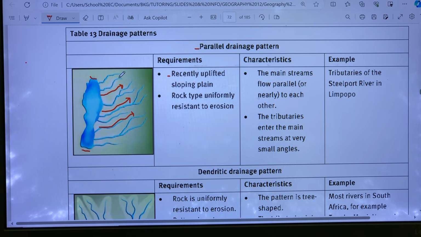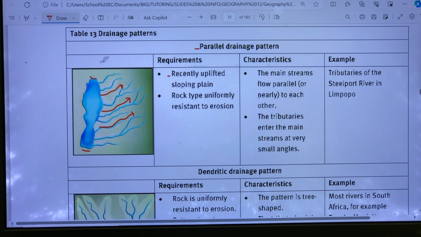So this basically means that the tributaries as well as the mainstream have formed as a result of the eroded joints of this underlying rock.